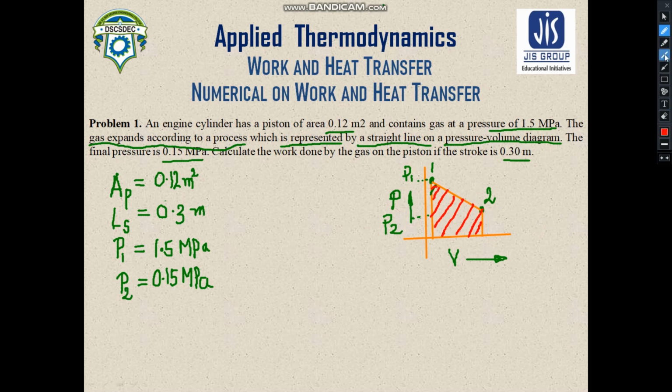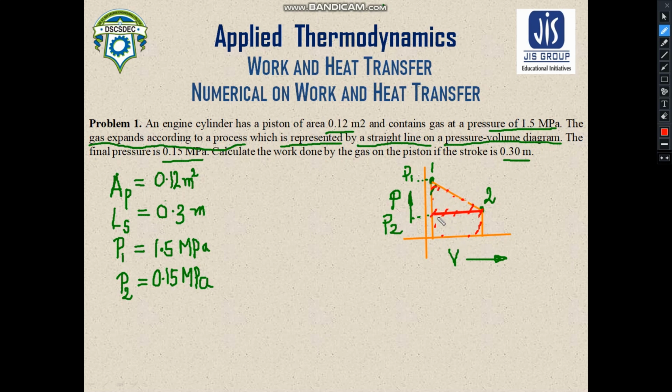Now I can draw a straight line which connects to this point 2. Let us remove these things so it is brighter and easier to see and understand. You can see that the area of work transfer is now divided into two parts, a triangle and a rectangle.